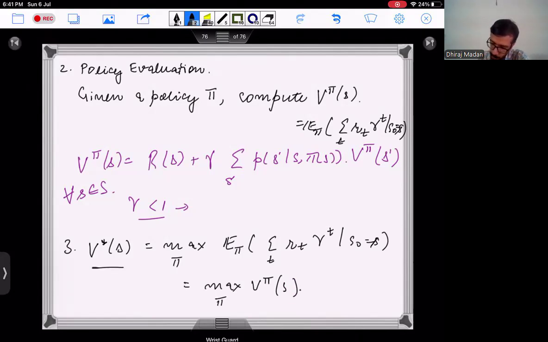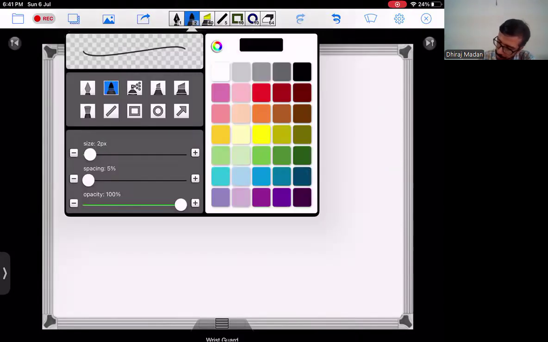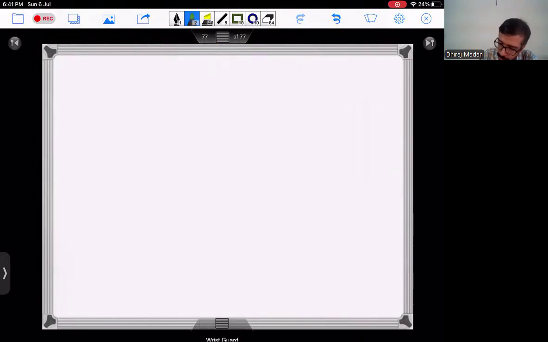So how do we compute this optimal value function? Well, this optimal value function also satisfies a similar set of Bellman's equations. The only difference is that instead of following the policy pi, you choose an action which maximizes the expected value of the next state.